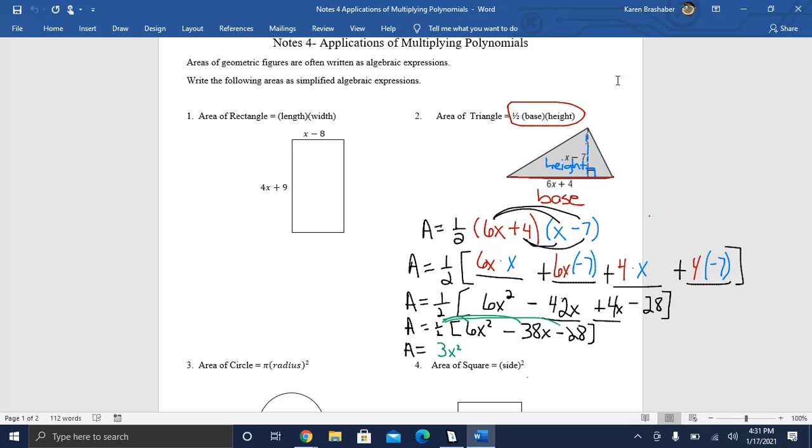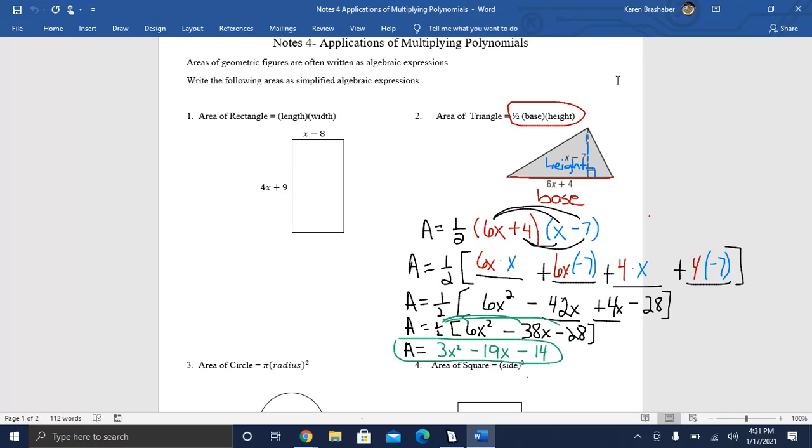You'll be taking 0.5 times -38x. That would give us -19x. And you would be taking 0.5 times -28, and that will give us -14. So the area of the triangle is 3x to the second minus 19x minus 14.